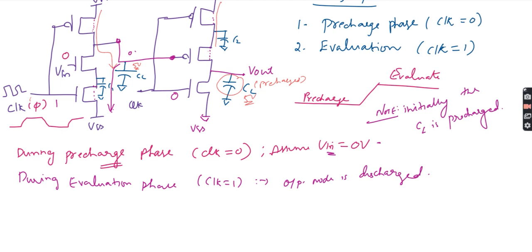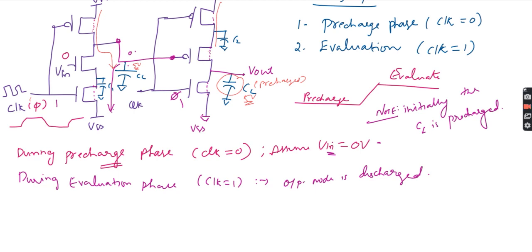This clock also is equal to 1. So when it gets 0, this will be on, and this also is on, so this will also start to discharge. This is nothing but the domino phase, or I can say the NORA phase.